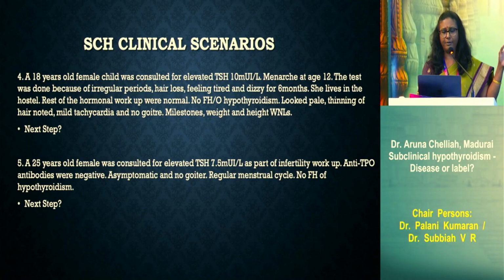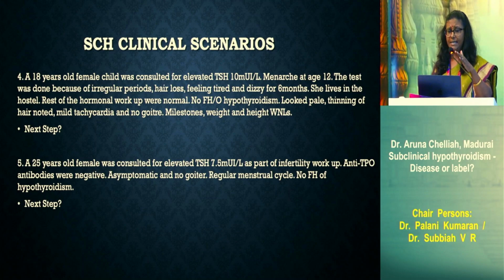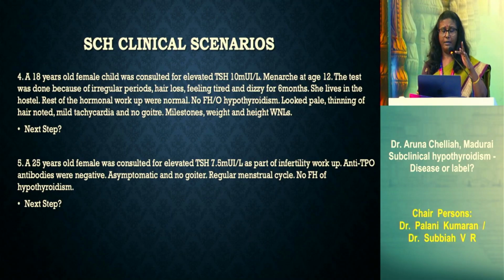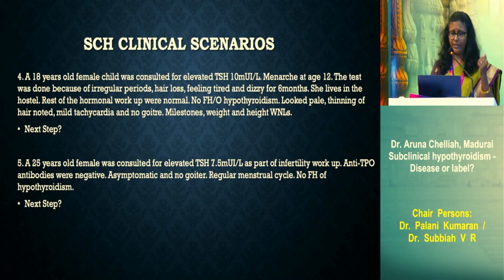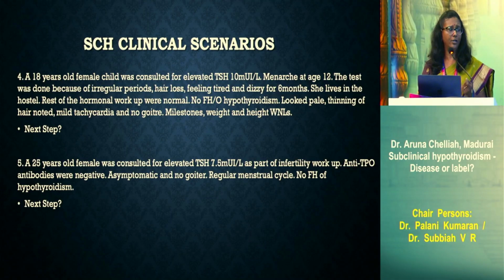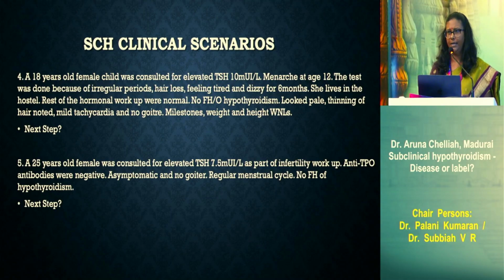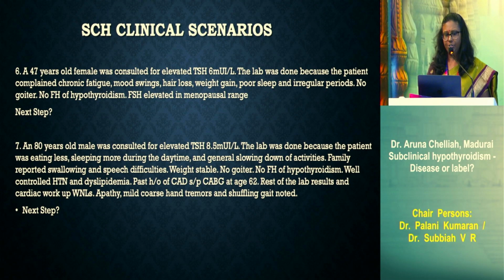A 24-year-old female consulted for infertility treatment with TSH 7.5 and antibodies negative. This was a consult given to us, and we did start treating this patient because she was undergoing infertility treatment. The American Obstetrician Gynecology Association and the rest of the organizations, the Indian organization also, consider a TSH of 2.5 if you want to do infertility treatment.